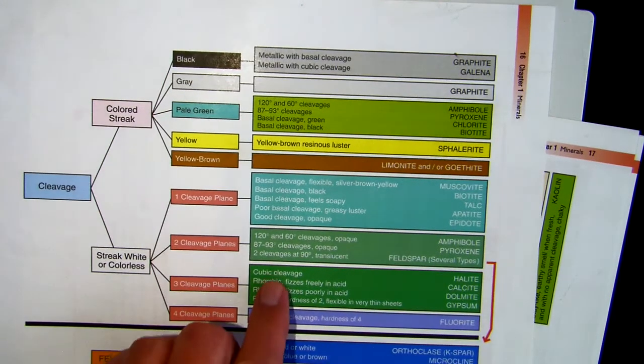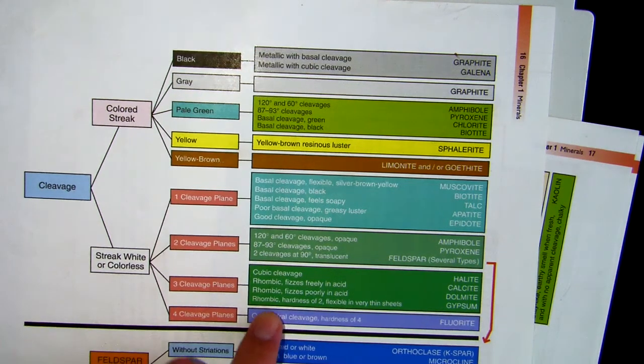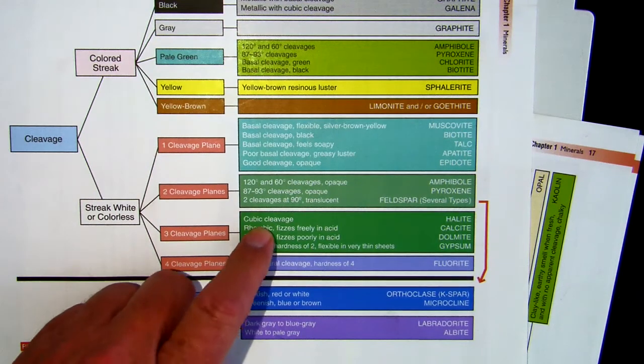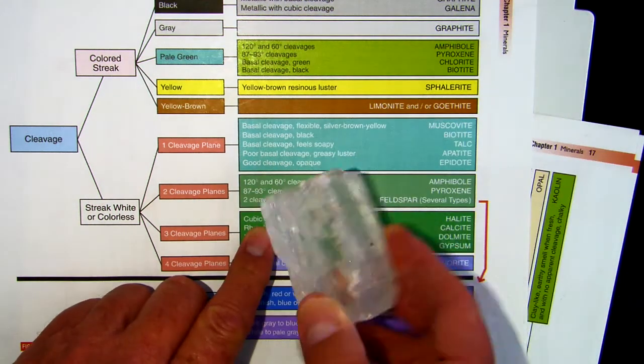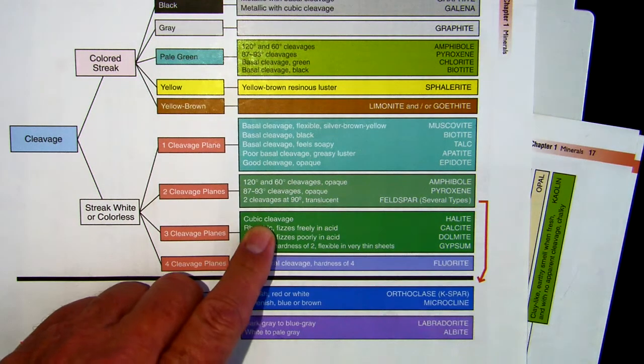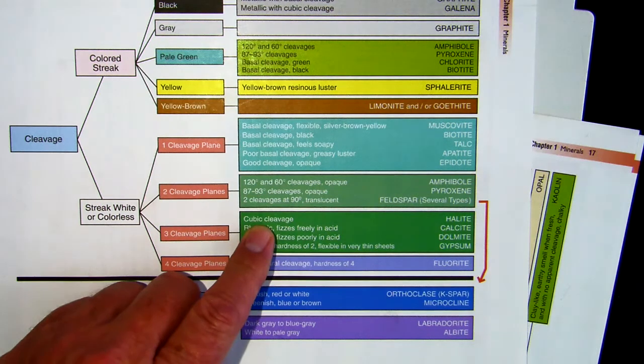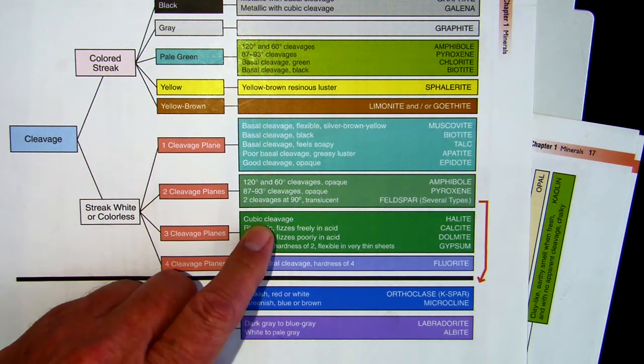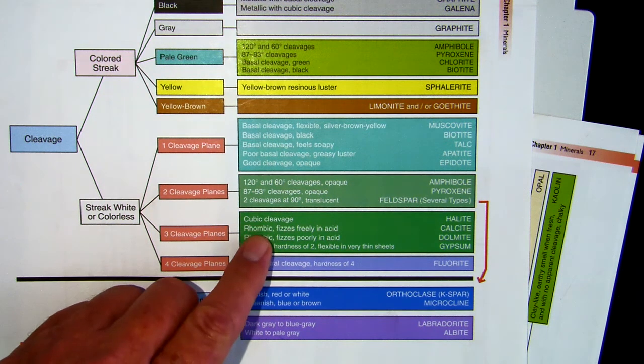Here's the ones with 3 cleavage planes that we've already talked about. The halite, table salt, it's clear. You can see through it. By the way, it has a salty taste, but don't try that. Some minerals apparently are toxic, and generations of students who weren't paying attention have dropped acid on it.